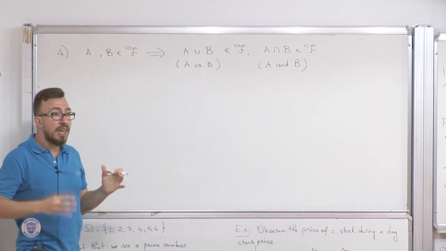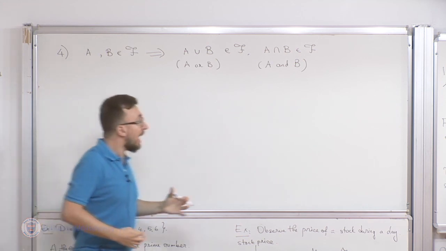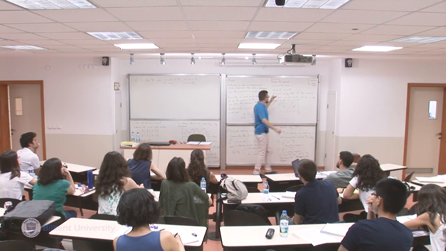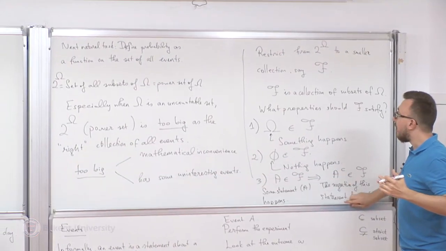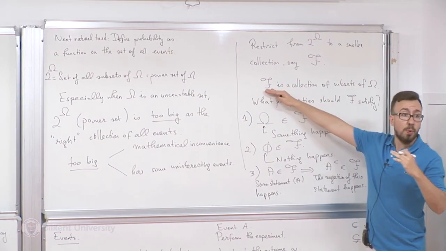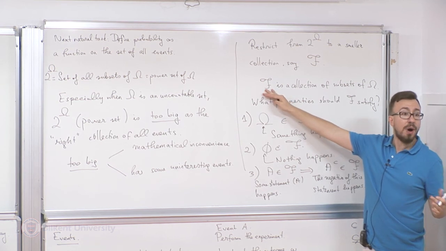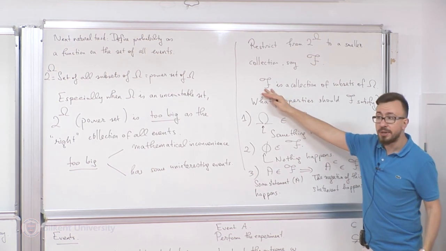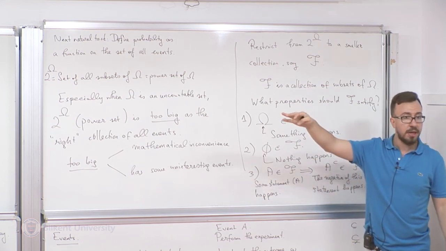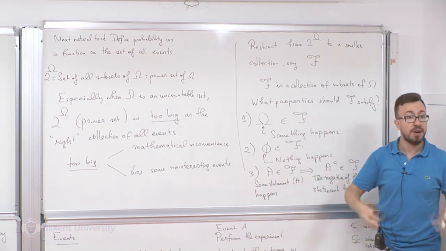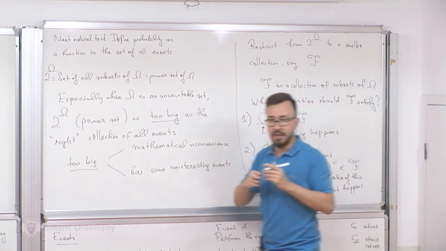So in other words, if I have to define a collection of events that is smaller than the power set, choose whatever collection you want, but make sure it satisfies 1, 2, 3, 4. This we're going to call a sigma algebra next time. Thank you.